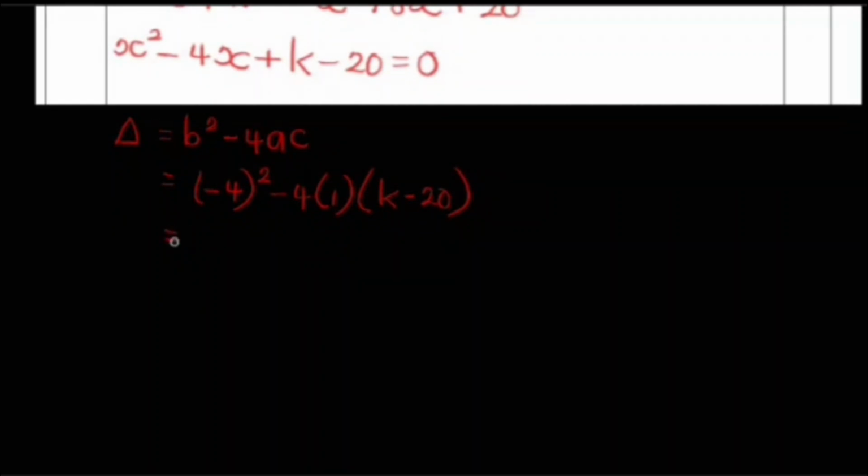Now simplifying here, we have 16 minus 4 times k is minus 4k. Negative 4 times negative 20 is going to be positive 80. Gathering like terms, 16 plus 80 is 96 minus 4k.